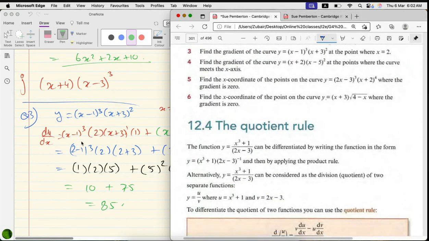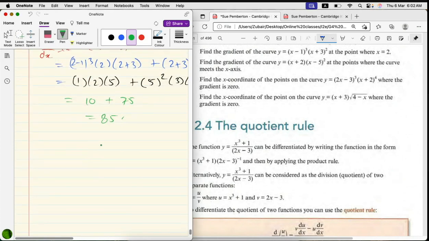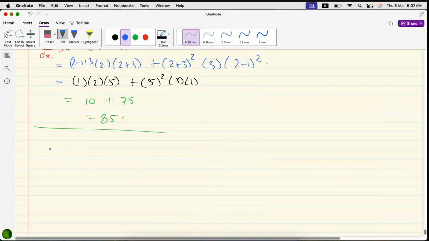Now the nature would stay same, only the type of question and how to differentiate it is going to change. No new concepts, nothing, only the formula. Now this time we'll have quotient rule as u divided by v. Before I move on, I thought the product was first function into differentiation of second plus second function into differentiation of first.